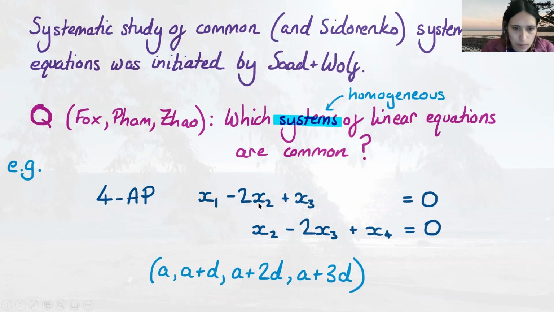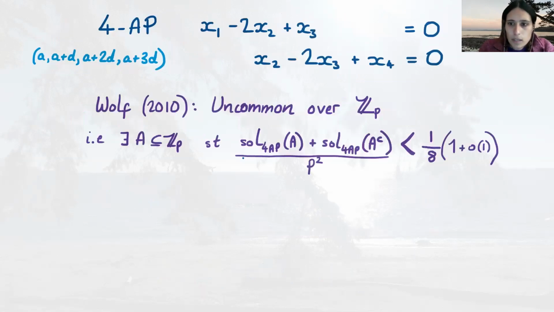So for the 4-term arithmetic progression, each individual equation is a 3-term arithmetic progression. And you can see that we've got 4 variables, and the solutions to this pair of equations is the tuple a, a plus d, a plus 2d, a plus 3d. That's why it's called a 4-term arithmetic progression. 4-term arithmetic progressions have actually been very, very well studied. Julia Wolf in 2010 proved that 4-term arithmetic progressions were uncommon over Z_p.